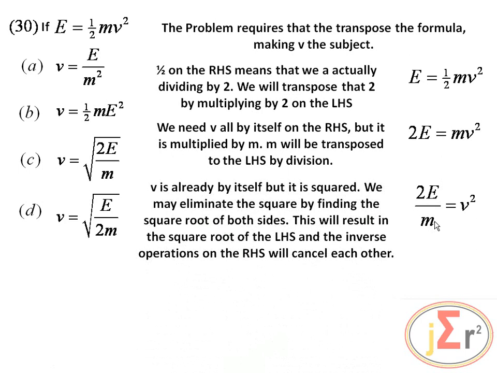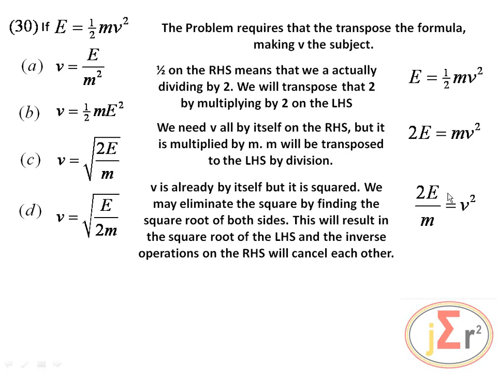So our next step is to eliminate this square. V is already by itself, but it is squared. We may eliminate the square by finding the square root of both sides. This will result in the square root of the left hand side, and the inverse operations on the right hand side will cancel each other.